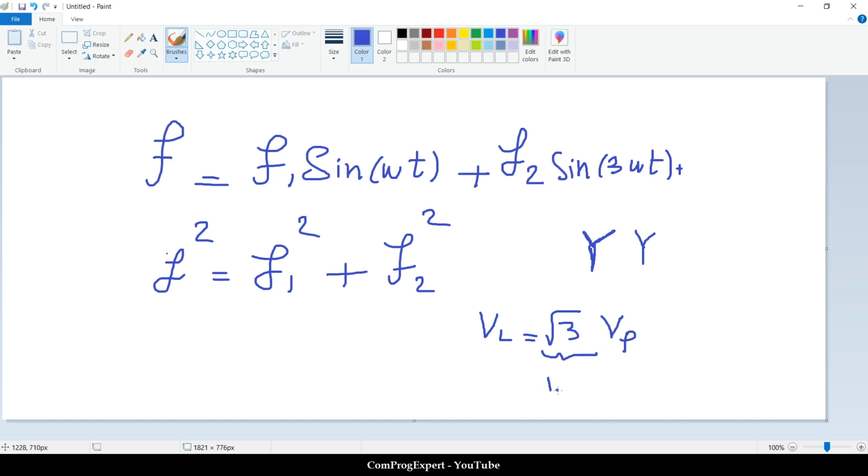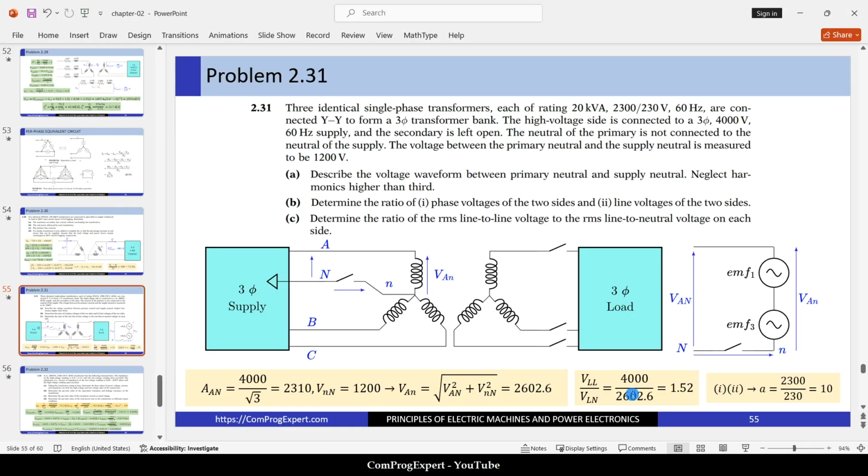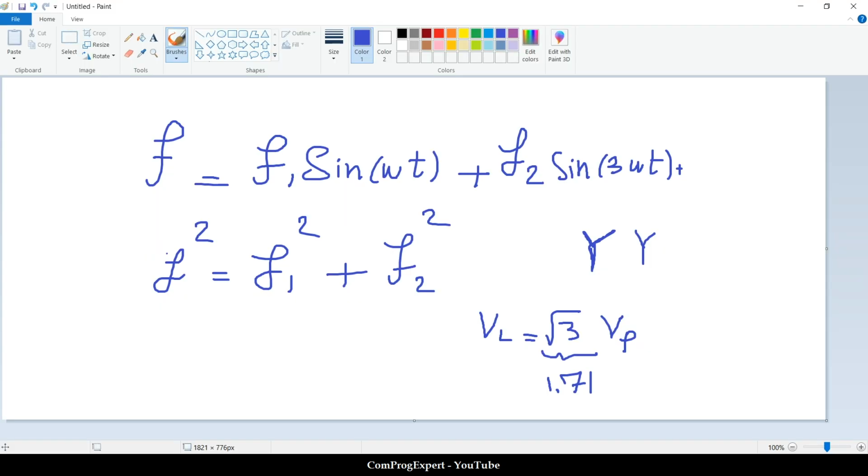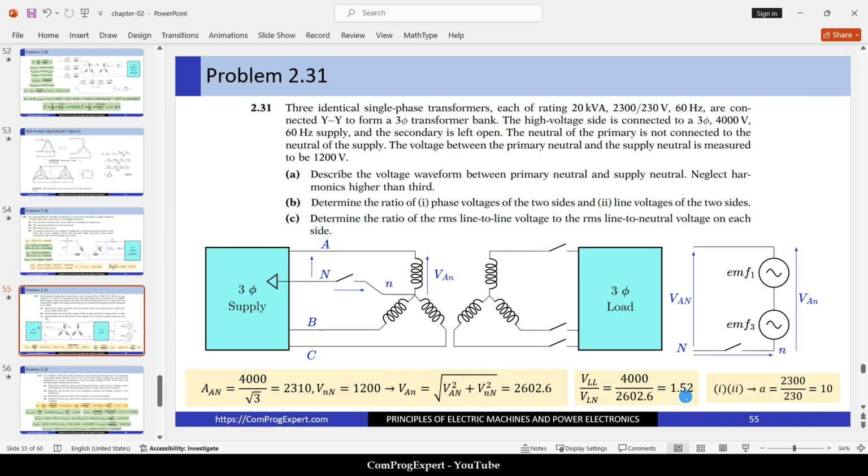This is 1.73. But in this case, where we considered the third harmonic, this ratio is lower than 1.73, the square root of 3. So this is the point of this problem.